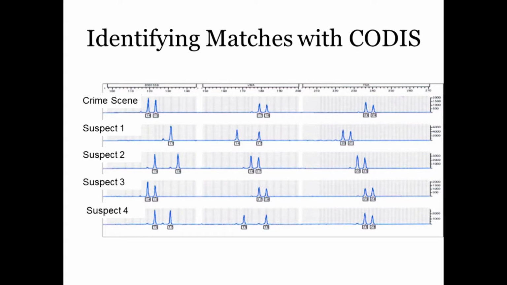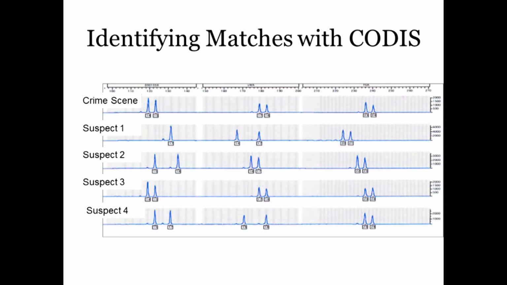And although the numbers are hard to see in this case, you can look at the crime scene profile here and the profiles of four potential suspects. And so I'll let people take a second to look at this. If there are any amateur detectives that are interested in suggesting someone we should bring in for questioning, you can let me know.